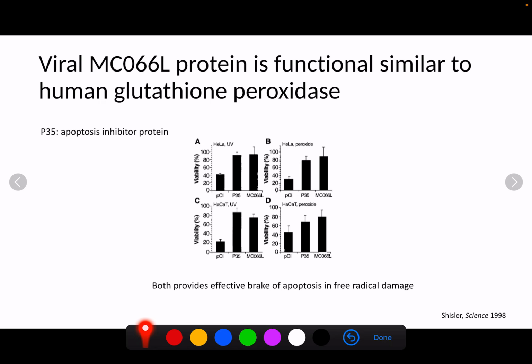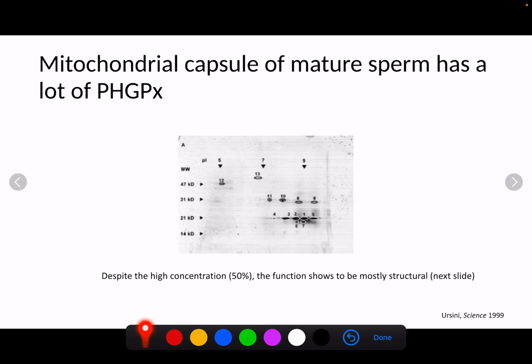Earlier we talked about the process of evolution, how one species gains a function from another species. It is very likely that the virus gained this function of being protected from apoptosis in order to infect humans or other species better under extreme conditions of sunlight and whatnot.